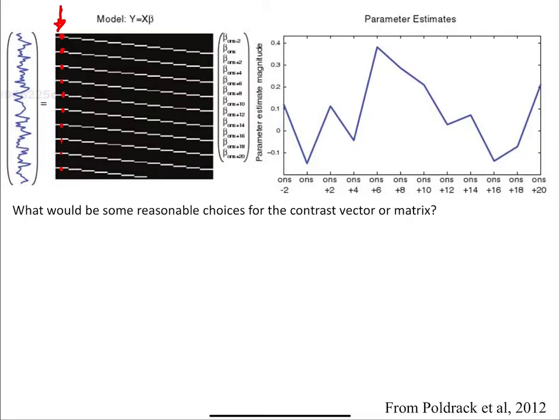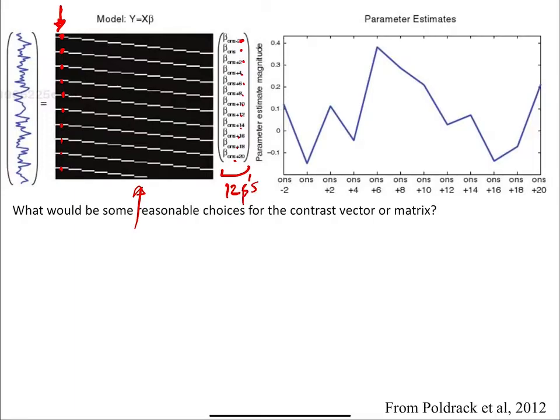Okay, so whenever you see a design matrix that looks like that, you know that probably the person is trying to estimate the shape of the response. In this case, how many parameters are they estimating? 1, 2, 3, 4, 5, 6, 7, 8, 9, 10, 11, 12. Okay. So they're estimating 12 betas there.